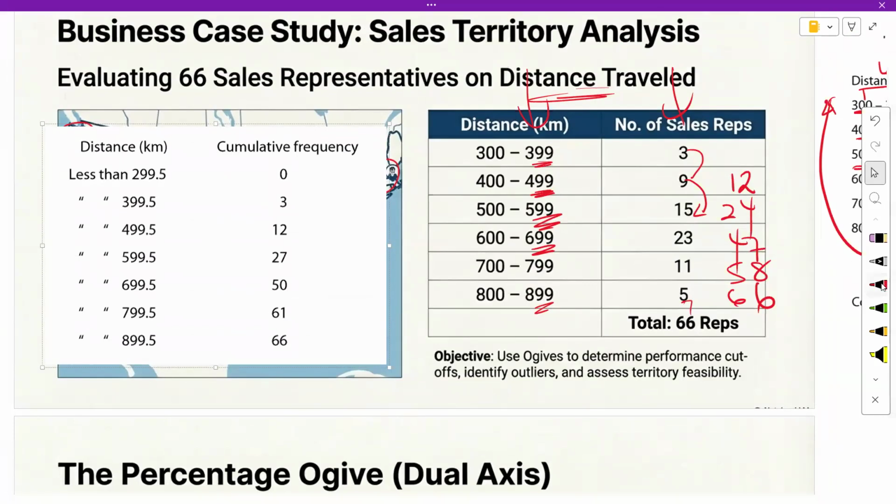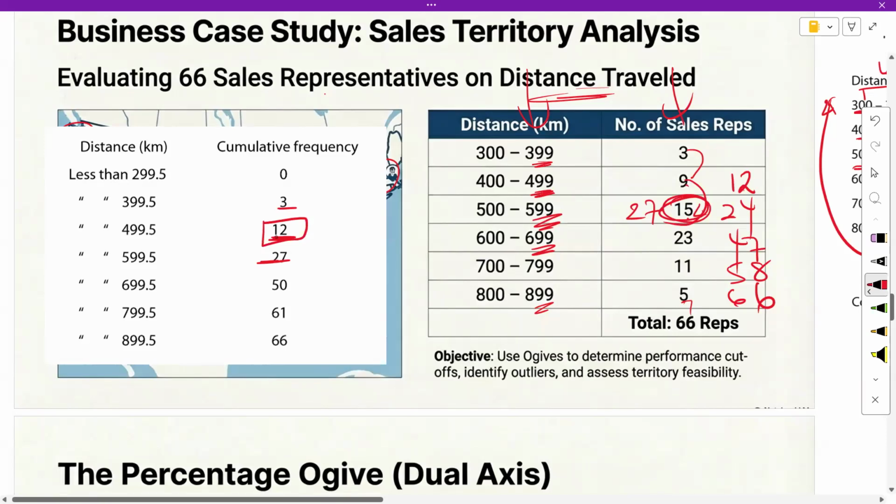Less than 299.5, zero. 3 to 12, 27 actually. We made a mistake here. It should be 27, 12 plus 15. Actually, we wrongly put 15 here; actually it's 12 and 27. Right? Let's see. Wait.